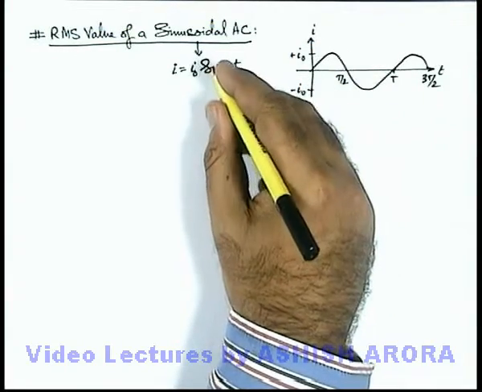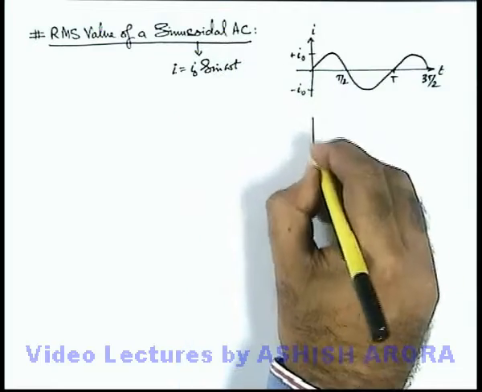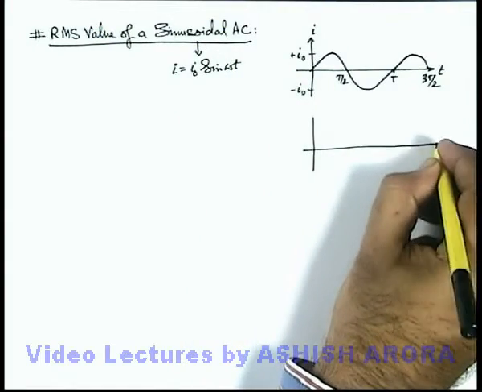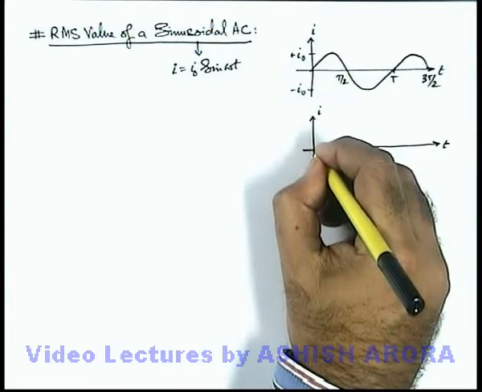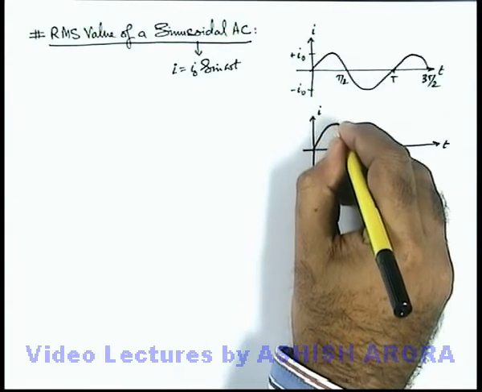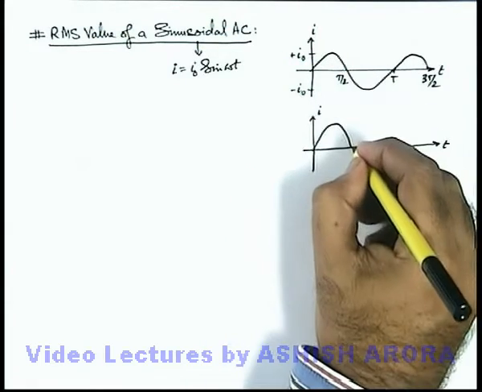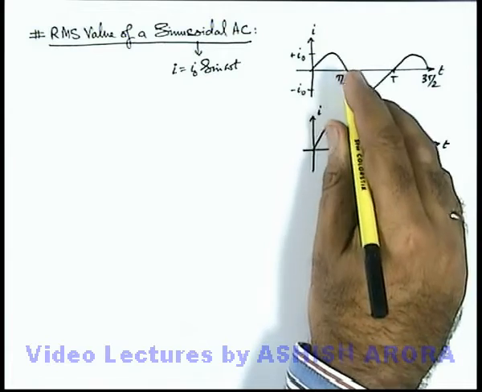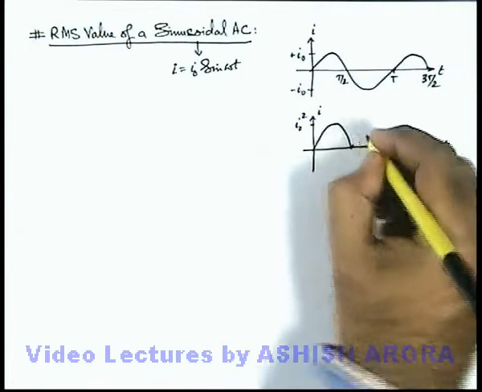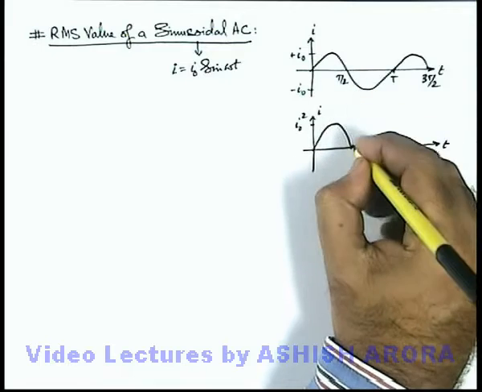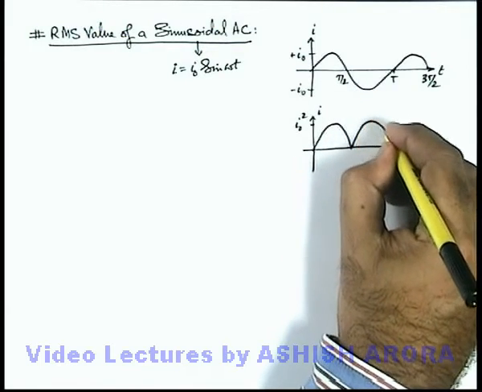If we calculate the mean square value, if we square the function, it will be varying with the same period, but in half cycle, the value will rise to a peak value I naught square, and then for the next half cycle, again it will rise to the same value.